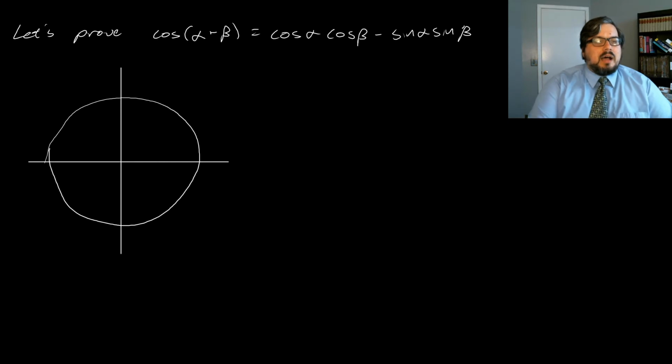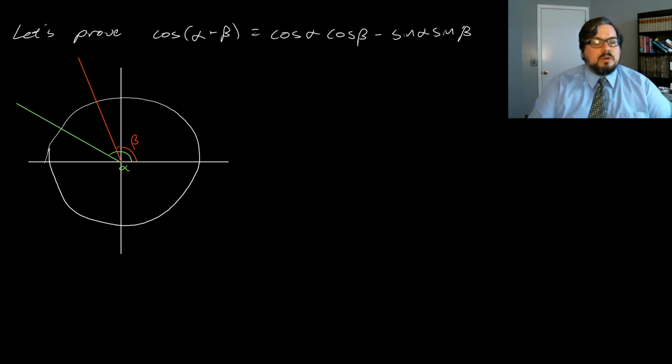So I'm going to draw a few random angles. All right, so we'll take the red angle, we'll call that beta. The green angle we'll call alpha.